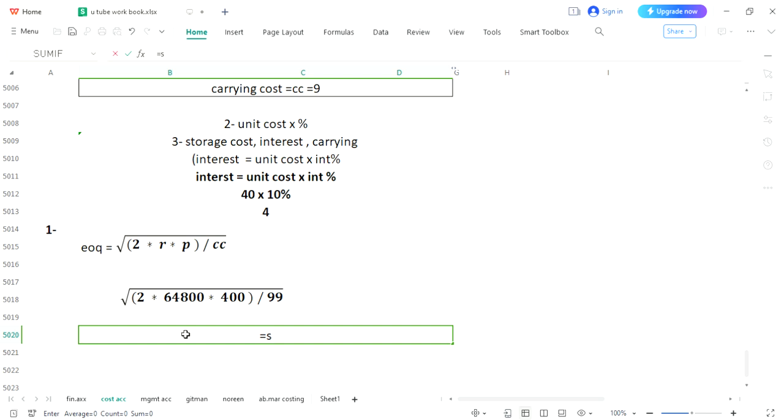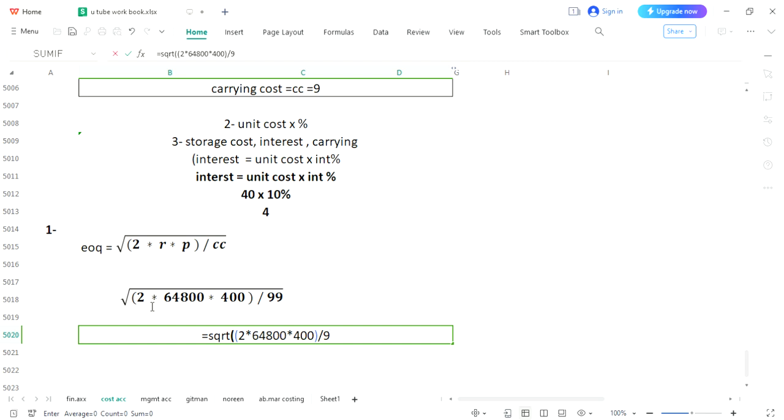Square root we will use, and for that I will write these amounts now. First 2 multiply by 64,800 and then again multiply it with 400, close your bracket and divide by how much CC was, just 9.